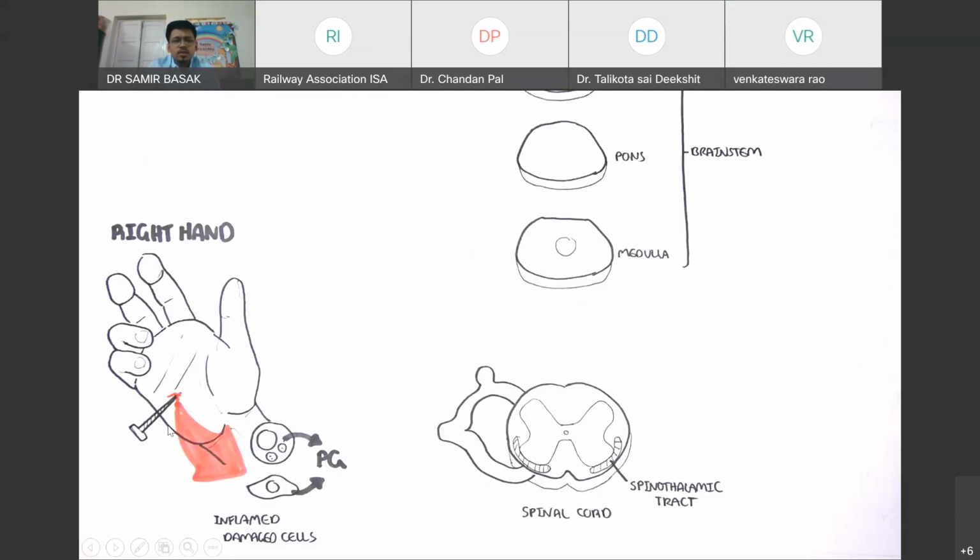So there is an injury in the right hand, and inflamed damaged cells release prostaglandin. There are the dorsal root ganglia, which are the cell body for the first order neuron, and from this first order neuron, the spinothalamic tract and second order neuron start.